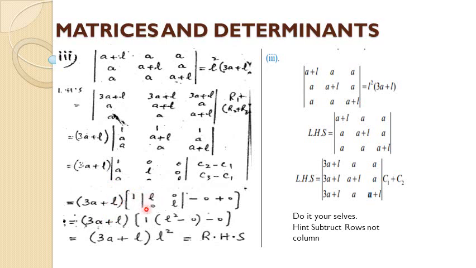So now you can see that this is the easy way, because 1 is here, first row first column 1. I copied it, and we only have to write it in this manner: l 0 0 l.